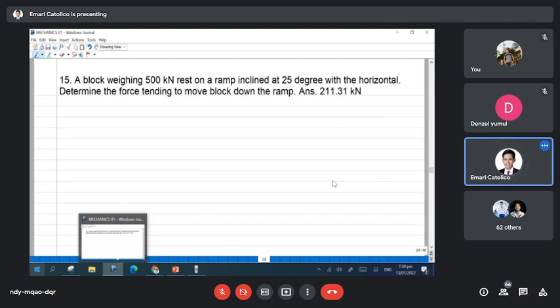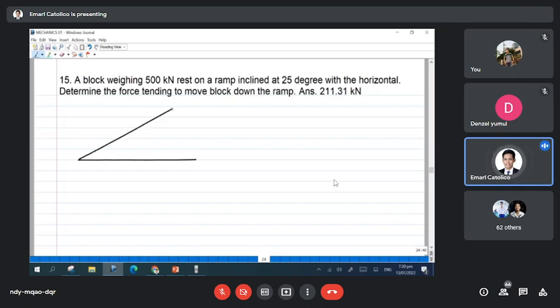Okay, so meron tayong block. So naka-incline siya at 25 degree. Okay, so yung 500 kilonewton, kasi ito yung X and Y component natin.